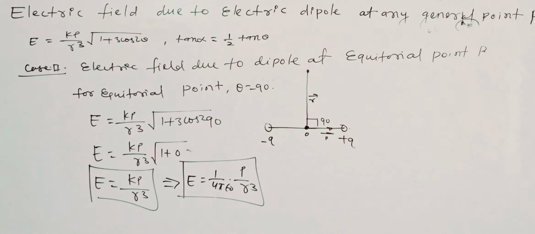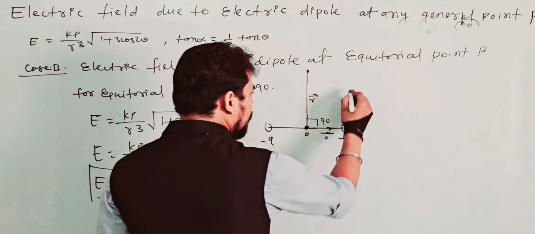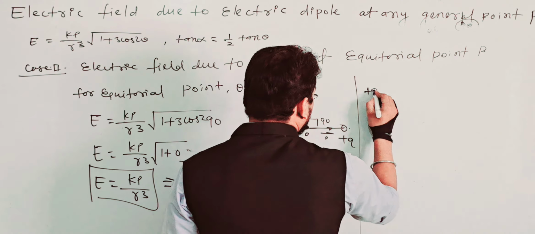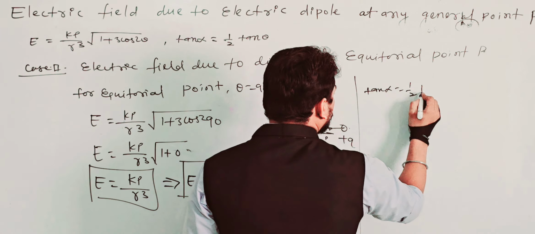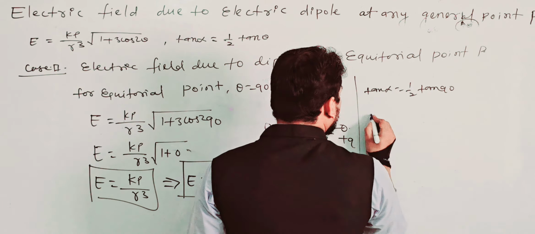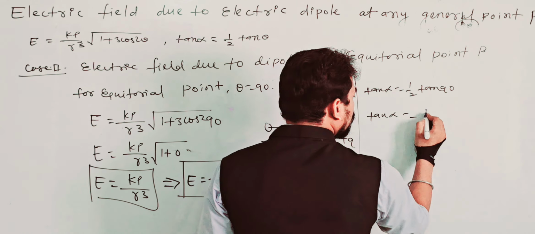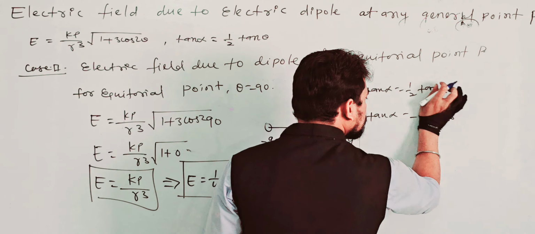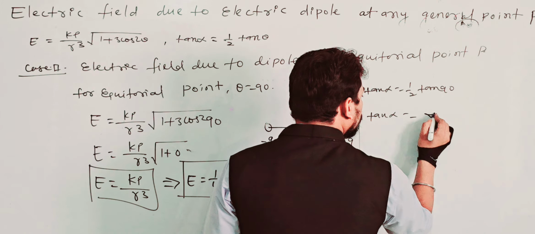Okay, so here we can write tan alpha is half of tan theta. Tan alpha equals 1 by 2 into infinity. This is infinity now only.